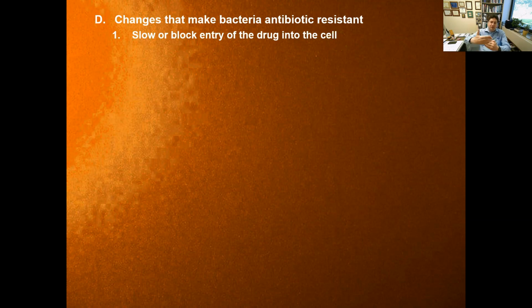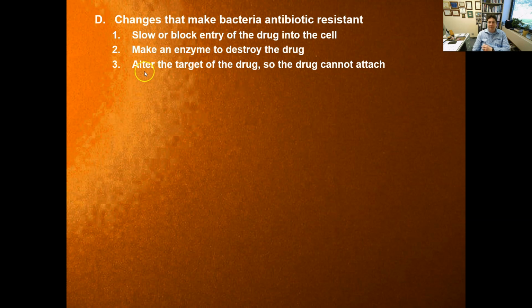So it can prevent the drug from getting inside the cell and causing damage. They can make enzymes to destroy the drug. They can alter the target on the outside of themselves so the drug can't attach to the outside. And they can make a protein to pump the drug out once it gets inside.